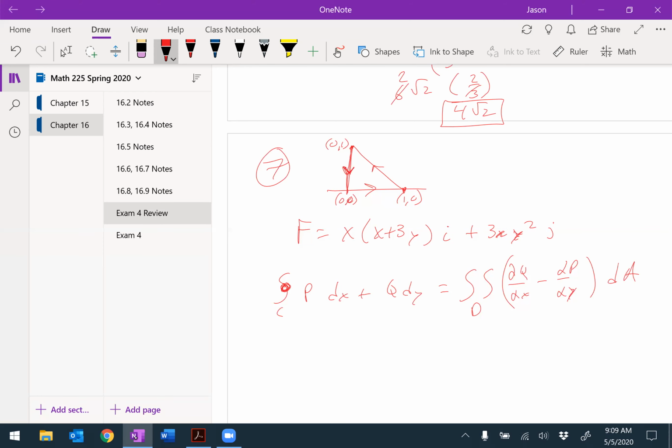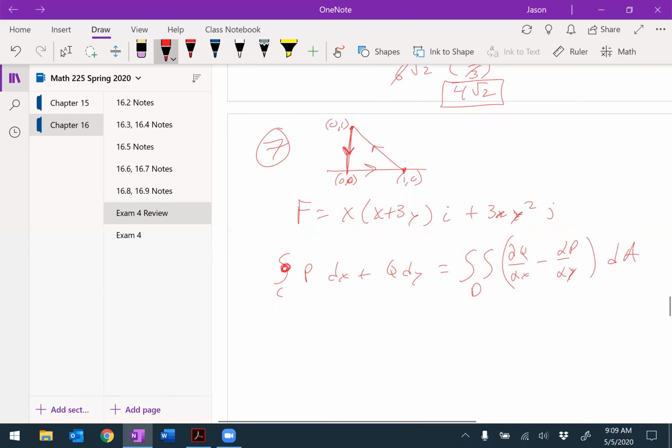Okay, so that's Green's theorem there. So how are we going to use this to help us out for this problem? Well, we want to integrate over the area, and we want to do dQ/dx minus dP/dy. So what's going to be Q in this case, or P?